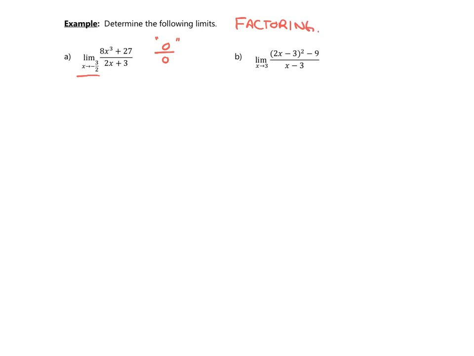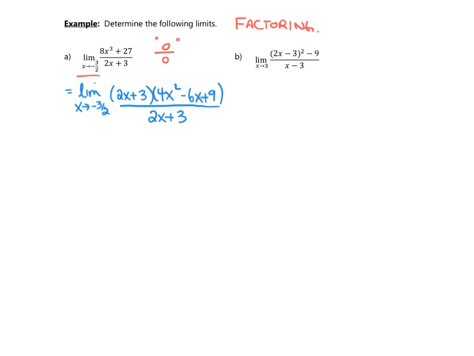Okay, so I want you to pause the video and I want you to go ahead and factor the top. Okay, so a couple of notes as you're looking at my solution and writing out your own solution at the same time. Here, we're still writing this limit at the front. Yes, you need to for proper form and proper notation, and I hope you agree that this is the sum of cubes that you get on the top.